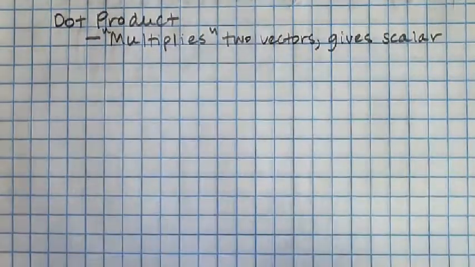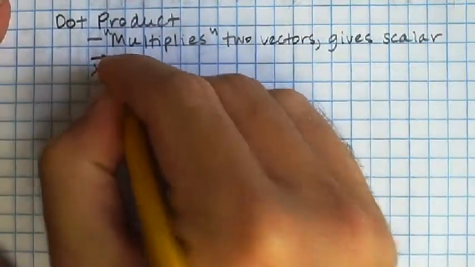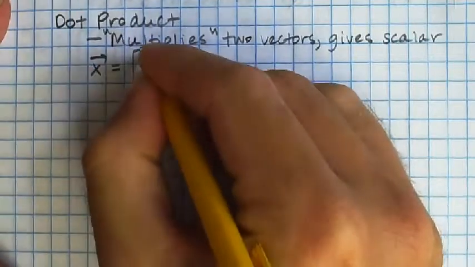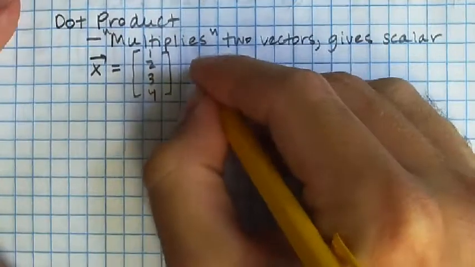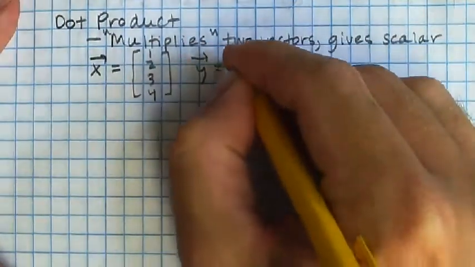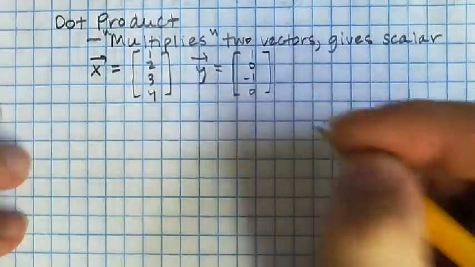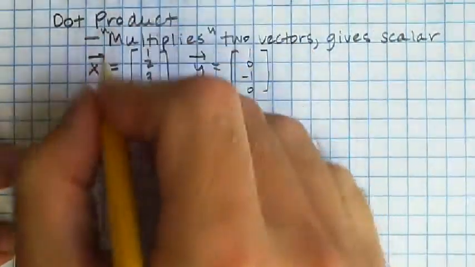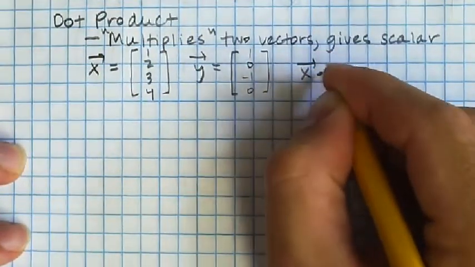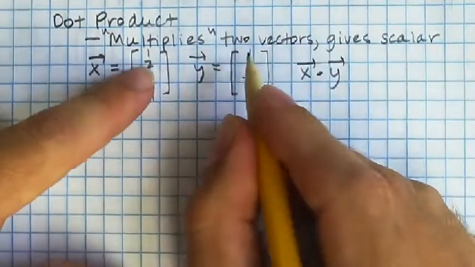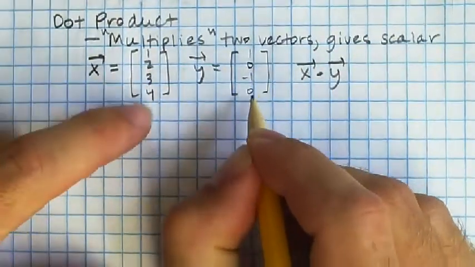But how do we actually compute this? It's really simple. So if we have x equal to, we'll do a 4-dimensional vector, 1, 2, 3, 4, and y is equal to 1, 0, negative 1, 0, then x dotted with y, we get by multiplying and adding over and over again. We take the corresponding entries, so 1 times 1 plus 2 times 0 plus 3 times negative 1 plus 4 times 0.